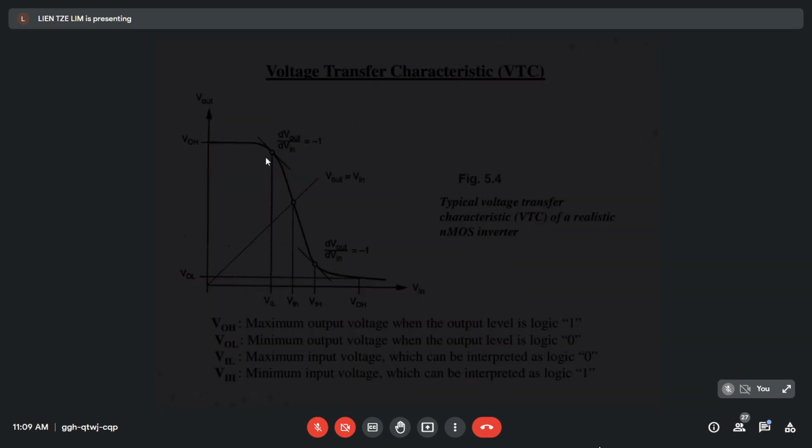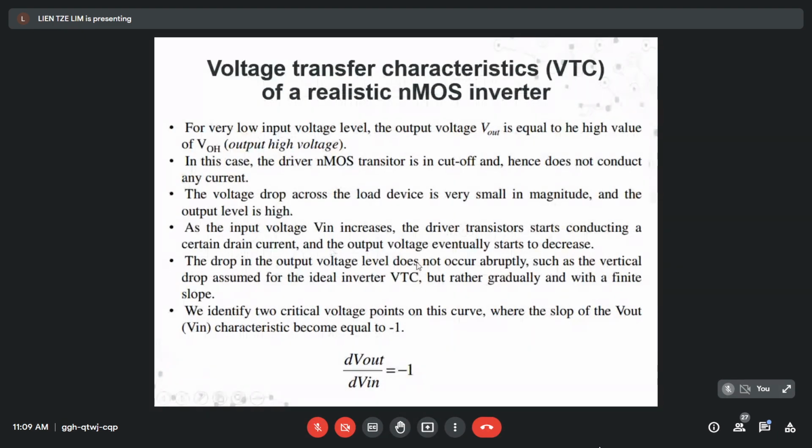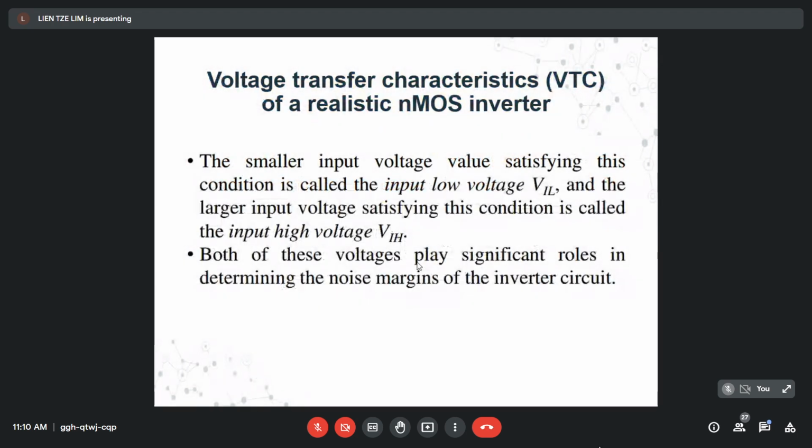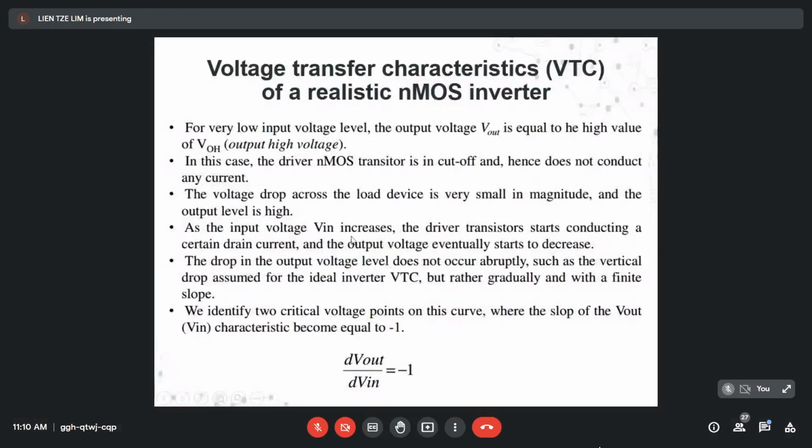And then about the statements given here, let me see. I should refer back to the circuit then. So the statements here mean two conditions. The condition when the input voltage is low, then the output will be high.